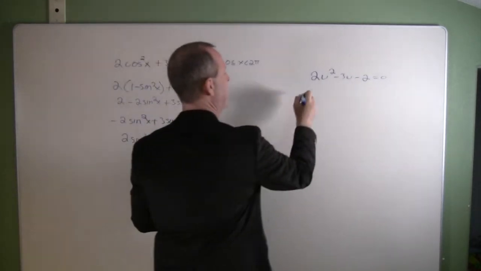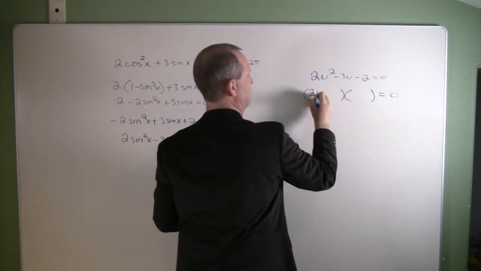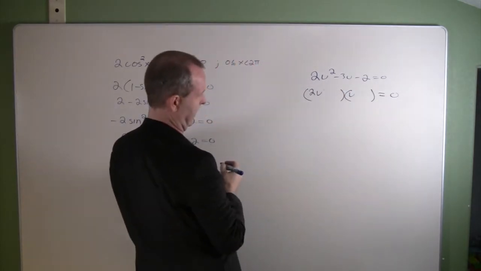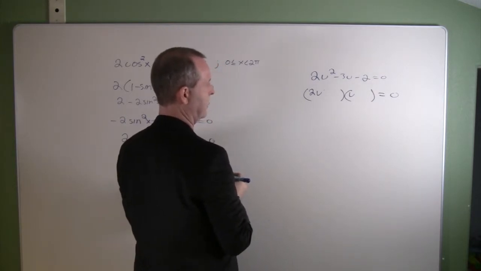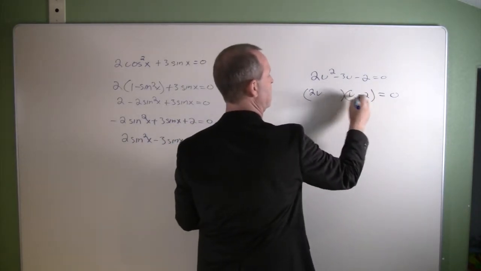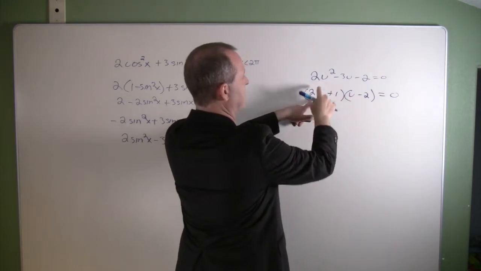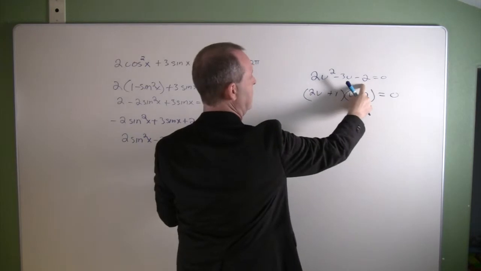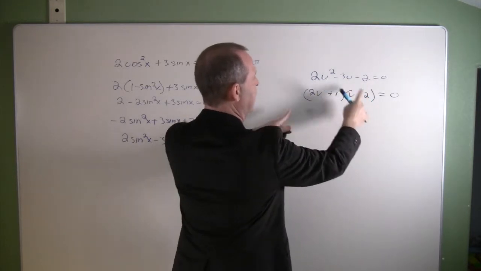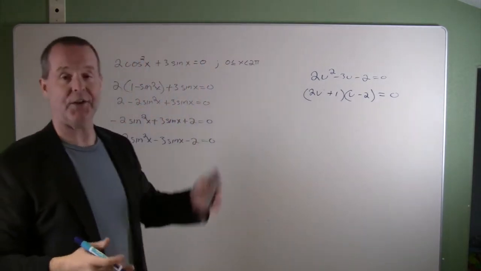For the 2u, I need a +1 and a -2. So -2 here and a +1. That gives me all my terms. 2u times u is 2u squared. My last term, +1 times -2, gives me a -2. The middle term has to be -3u: -4u plus 1u.